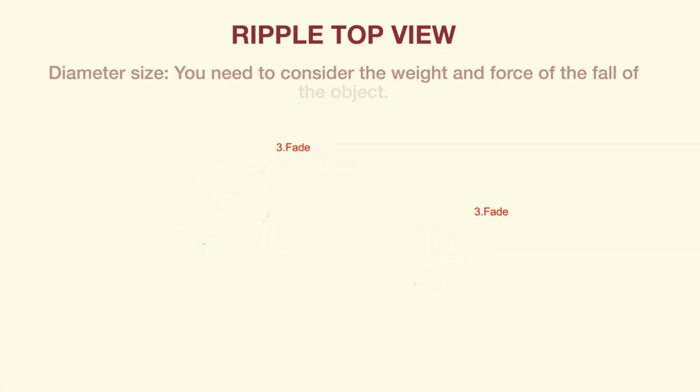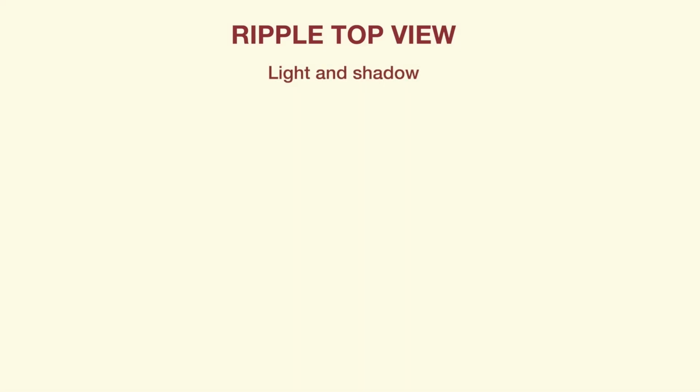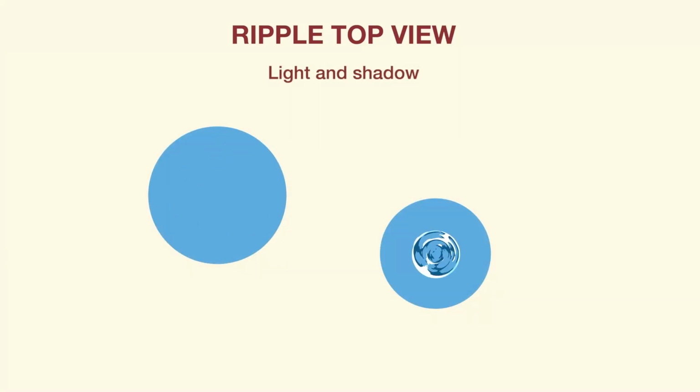When choosing the diameter of the ripples, you need to consider the weight and force with which the object is being thrown or falling. In this case, it's just a random example, so I chose a diameter that is okay for you to be able to see properly how the ripple is working, but later we'll need to think about this parameter. Now let's add light and shadow. Let's see how it moves and behaves.